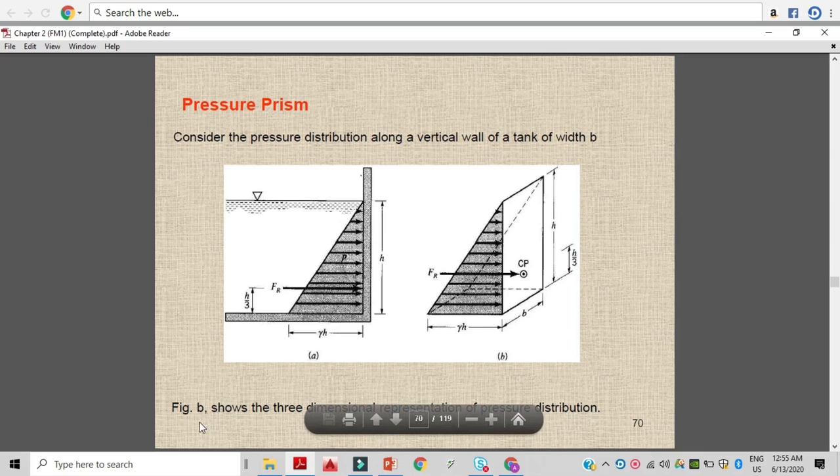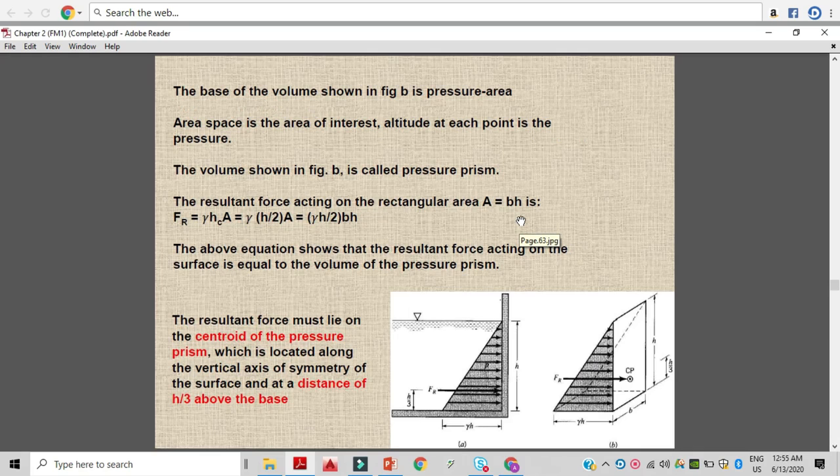In figure B, this shows the 3-dimensional representation of the pressure distribution. The base of the volume shown in figure B is the pressure area, the area of interest. The altitude at each point is the pressure. The volume shown in figure B is called the pressure prism.